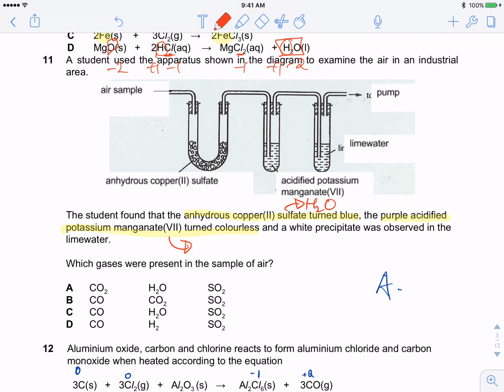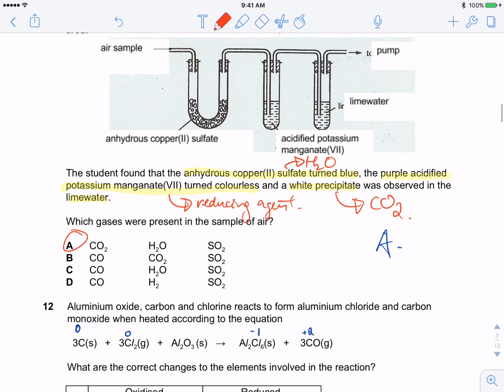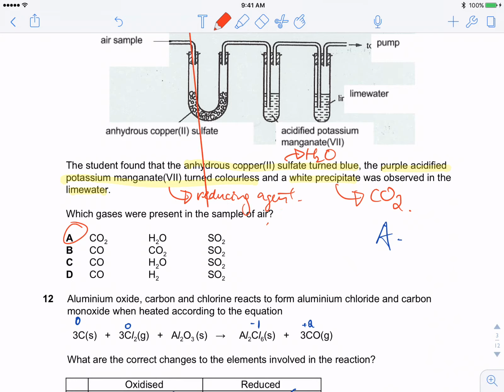That there's a reducing agent. And lastly, a white precipitate in lime water. This tells me that there's carbon dioxide. So if you just look at the options, there are not many choices with both carbon dioxide and water. Answer is A. So the reducing agent here is SO2.